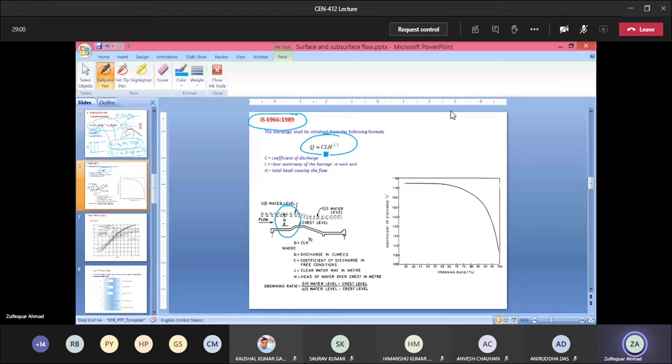And C is the coefficient of discharge. Actually, here the C should be written as discharge coefficient, but in the IS code it is written coefficient of discharge. Virtually this is not coefficient of discharge, this is discharge coefficient, because the coefficient of discharge is a correction factor, and that correction factor can't be more than 1.